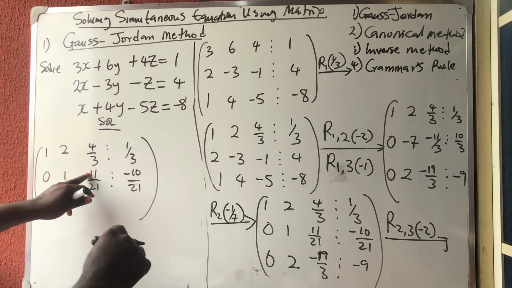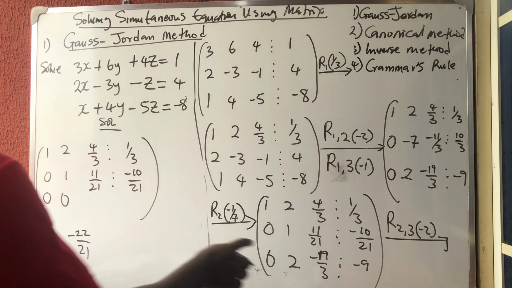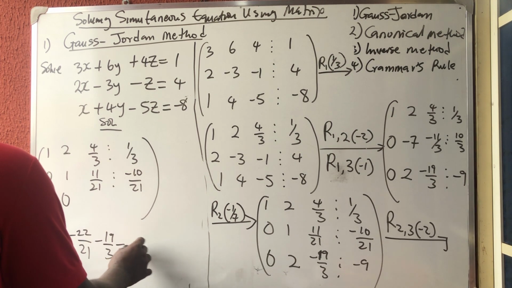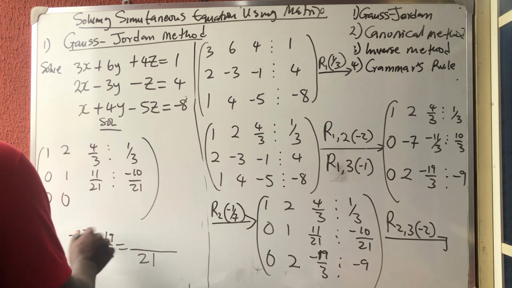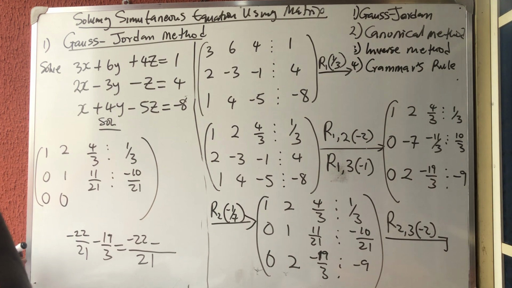Minus 2 times this will give you minus 22 over 21. If you add it to this place, you have minus 19 over 3. So the LCM there is 21. I have minus 22 minus 21, divided by this is 7, 7 times 19.